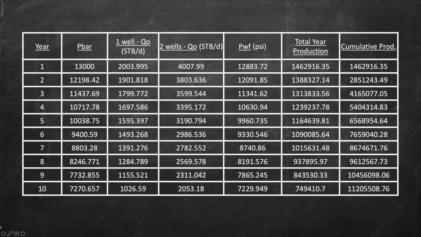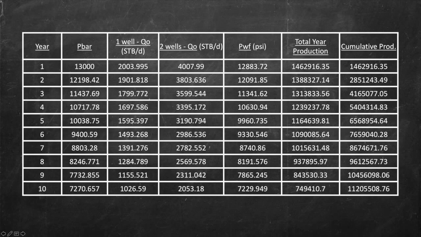On this slide, we have put together our results for 10-year production for our base case scenario. As you can see, at year one, our average reservoir pressure starts at 13,000 psi. We got a flow rate of about 2,004 barrels per day. Now, I did mention before that this is for one well, so our 2-well production would be approximately 4,008 barrels per day.